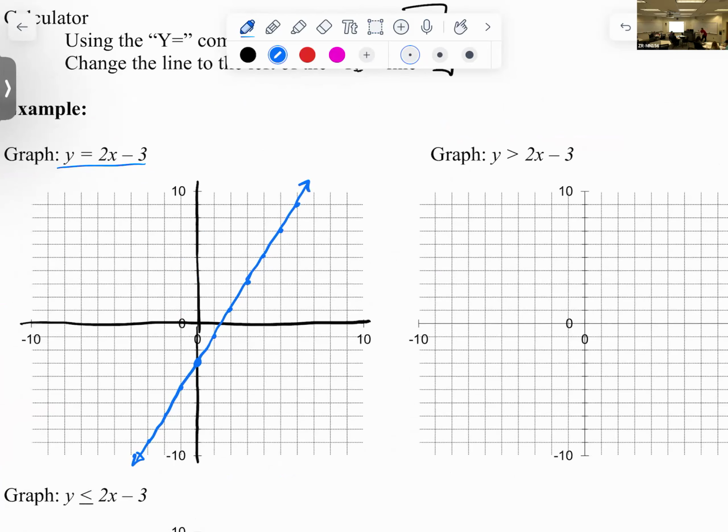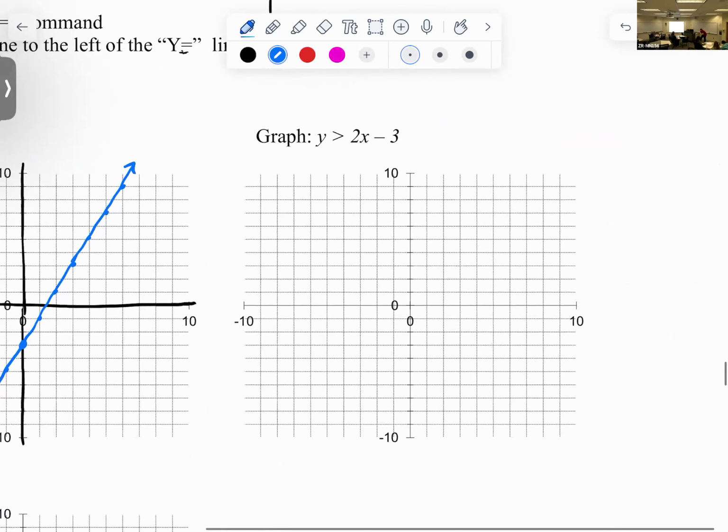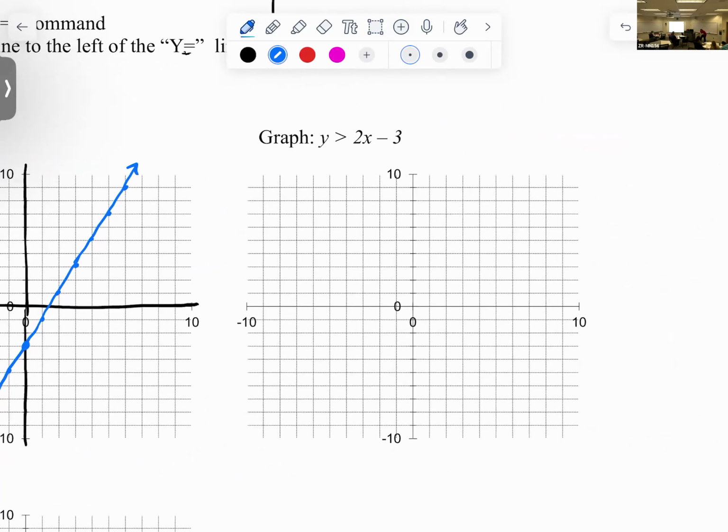Y equals 2x minus 3, and y greater than 2x minus 3. This is now an inequality. The basics still start the same, right? We have our y-intercept at 0, -3, and our slope is 2/1. We're going to have a slight adjustment here.